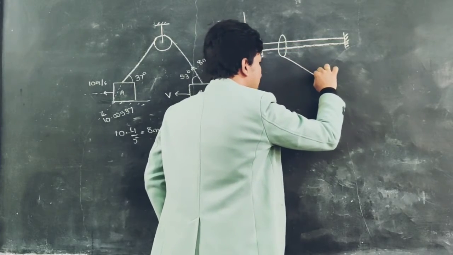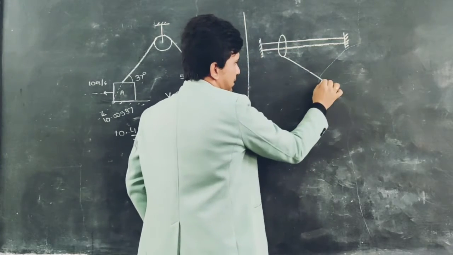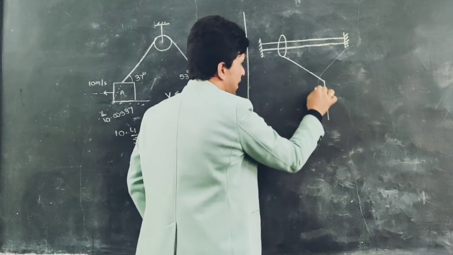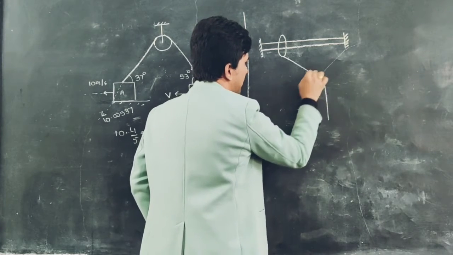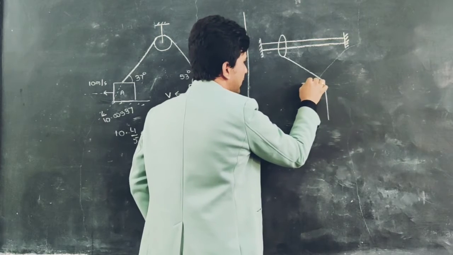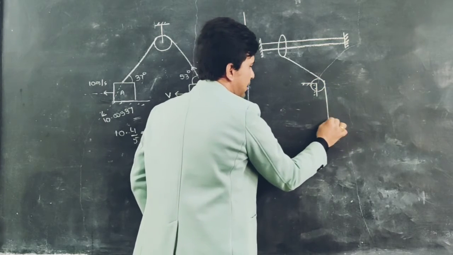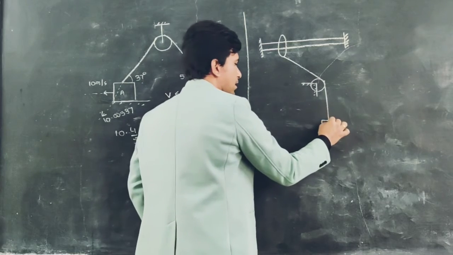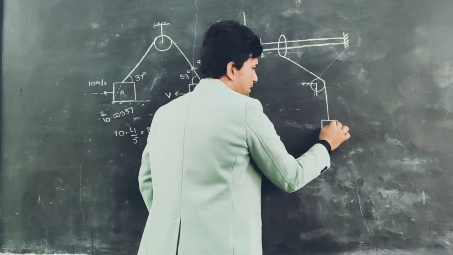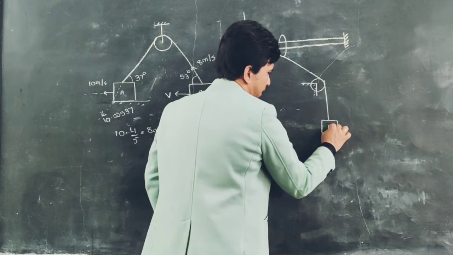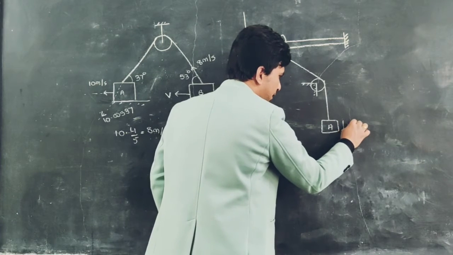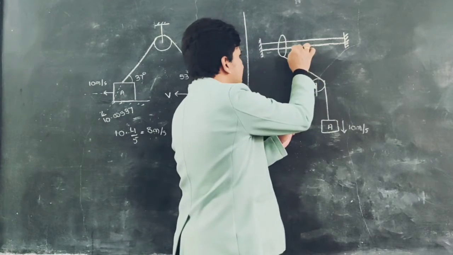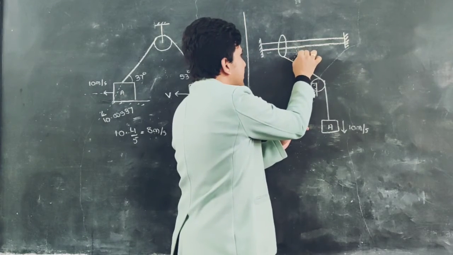And to this edge we are having a string attached, passing over the pulley, and here there is a block. Call this block A, moving down with 10 meter per second. And this angle you can take as 37 degrees.